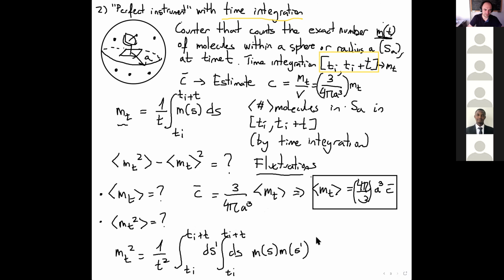So now, okay, let me continue a little bit, and I do a short break. The average of MT squared is, okay, 1 over t squared, integral 0 to t. Here I used steady state, because it doesn't matter if I put ti plus t, then I put 0.